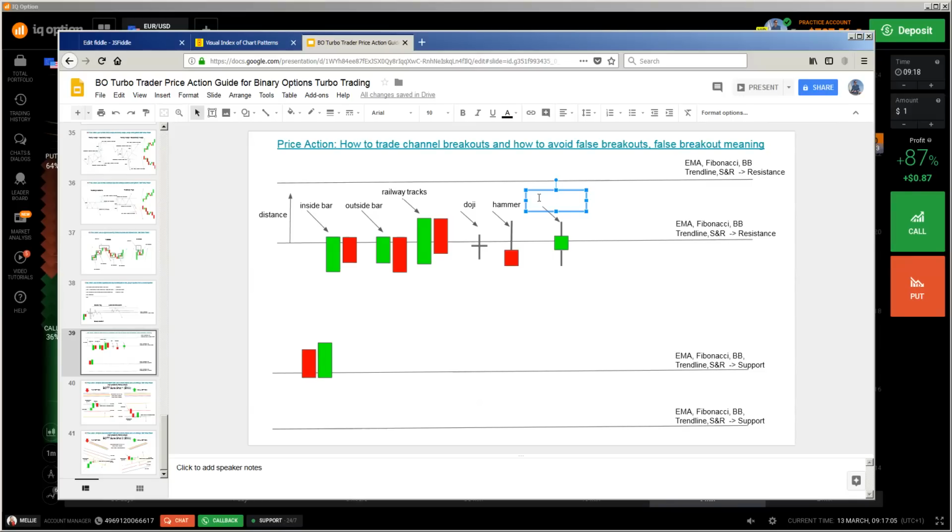If the close of this candlestick is closer to the lower one, in this case the lower one, or in this case the upper one, it's much more probable that it's only a fake breakout, because fake breakouts mostly look like this: they penetrate the support and resistance level only marginally, not really with determination.